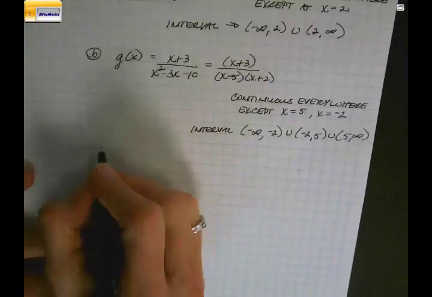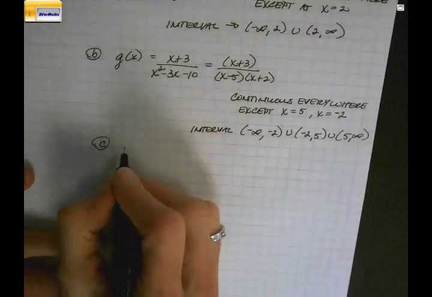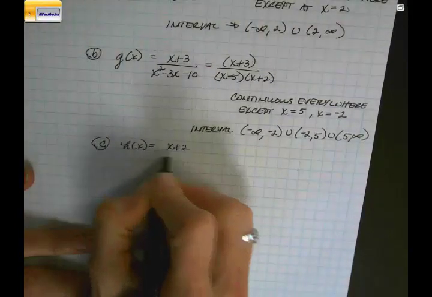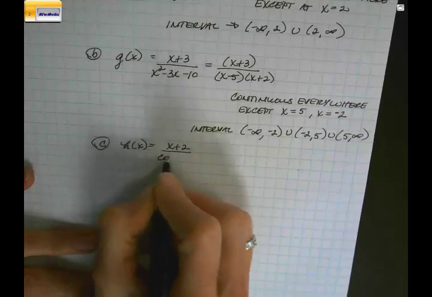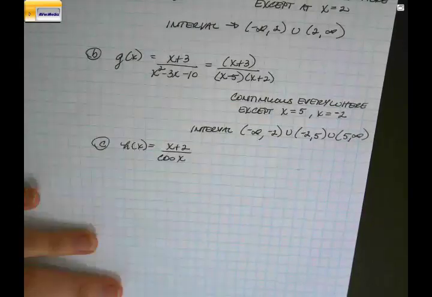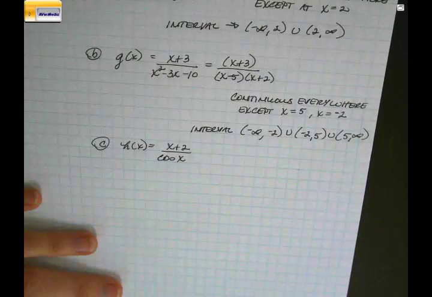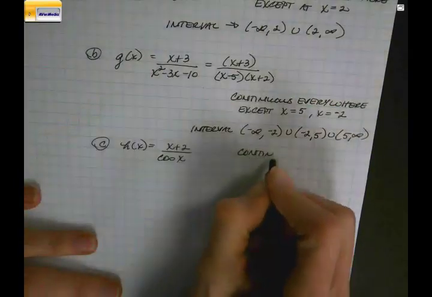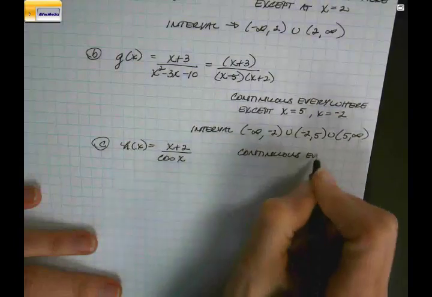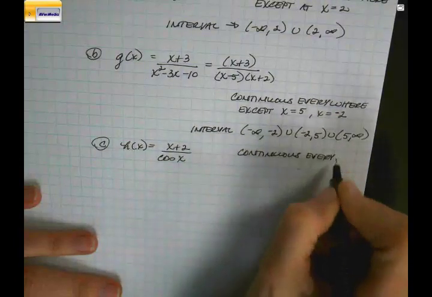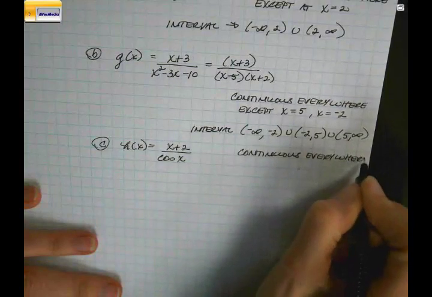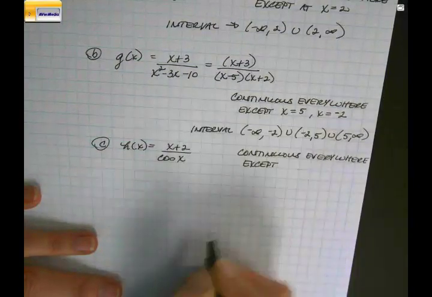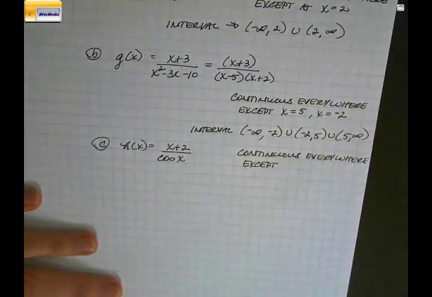All right, let's put a trig function up here. Suppose we have h of x equals x plus 2 over cosine of x. Continuous everywhere except where is cosine x equal to 0?